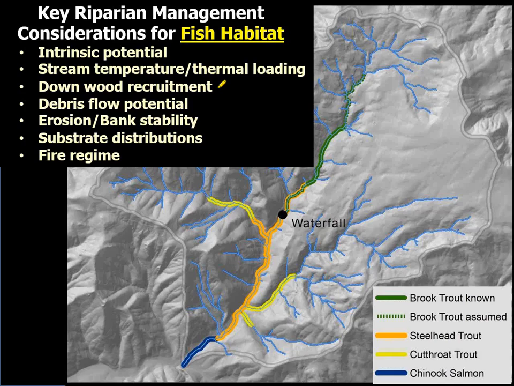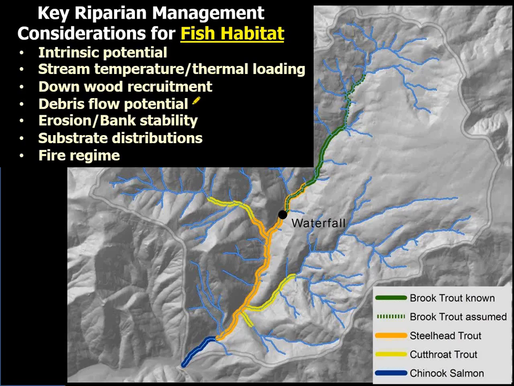Downwood provides habitat variation. A piece of downwood in a stream, whether it be a root wad or a log, can create pool habitat. And the differential between pool, which is slow-moving water, and fast-moving water in a riffle or a cascade, differentiates the stream, and various species are associated with slow or fast water.